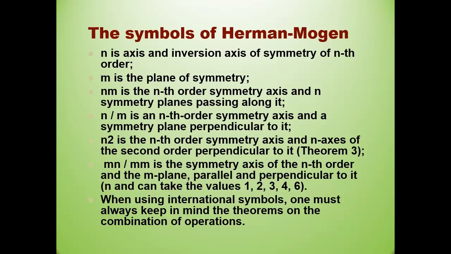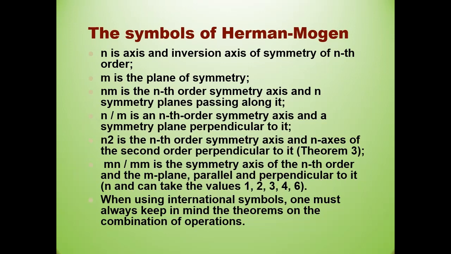For example, the symbol nm means that the plane m passes along the axis of the nth order. According to theorem number 4, there must be n such planes. The symbol n/m means a plane perpendicular to the axis n, but by theorem number 2, it implies that if n is even, there is also a center of symmetry.